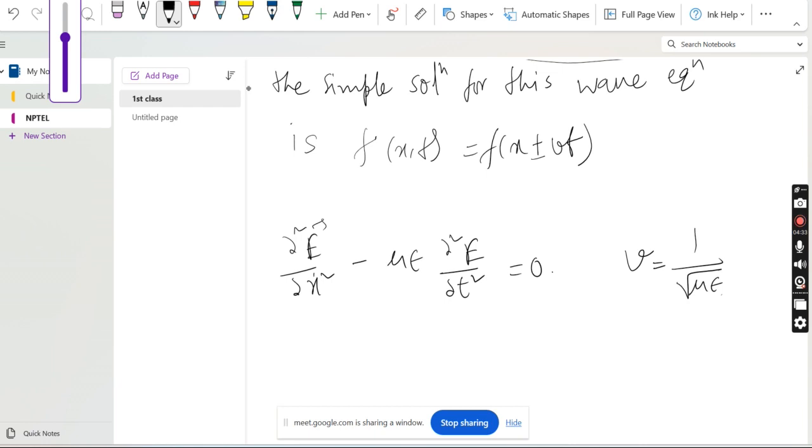If the wave is propagating in a vacuum free medium, or in the ideal medium, we assume that it's propagating with the velocity of light. So C is equal to 1 by root over mu naught epsilon naught.